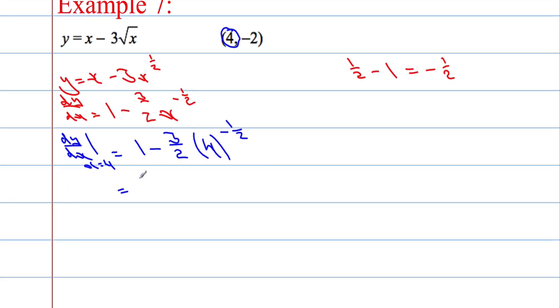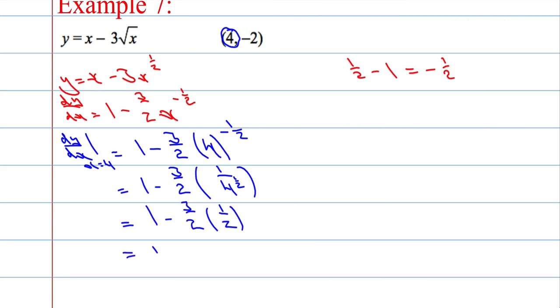Which equals 1 subtract 3 over 2 times 4 to the negative half, which equals 1 over 4 to the power of a half, which equals 1 subtract 3 over 2 times, and 4 to the power of a half is 2.